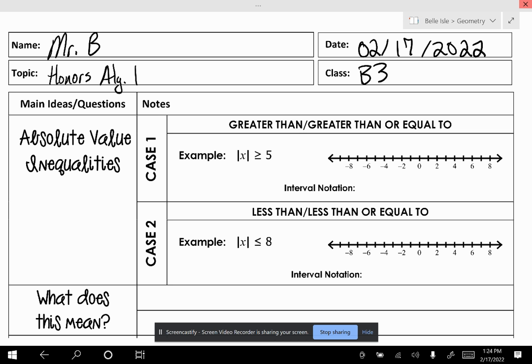Sure. If you activate the absolute value, it's going to be the positive version of that. Perfect. What else? Anything specific to solving equations that have absolute values? Perfect. Good. What else? Brandon?